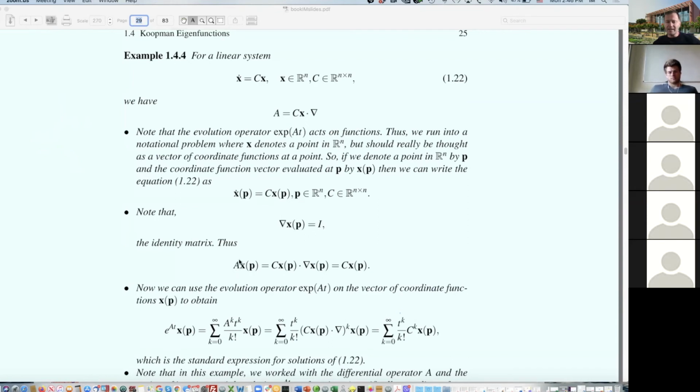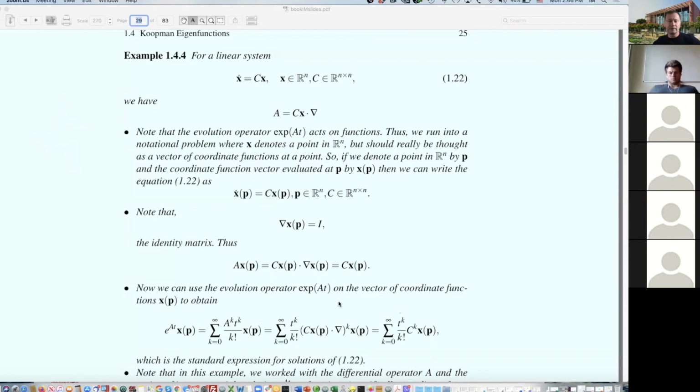And now A, our operator, acting on x as a set of functions, is by definition Cx dotted with grad x. But grad x is identity, so A acting on the functions x gives you C acting on x, because this part here is just identity. All right, so we proved that A, our operator, acting on x just once, is Cx.